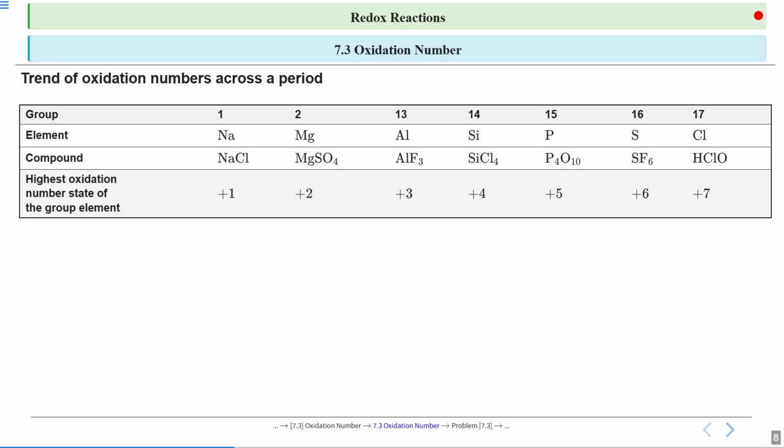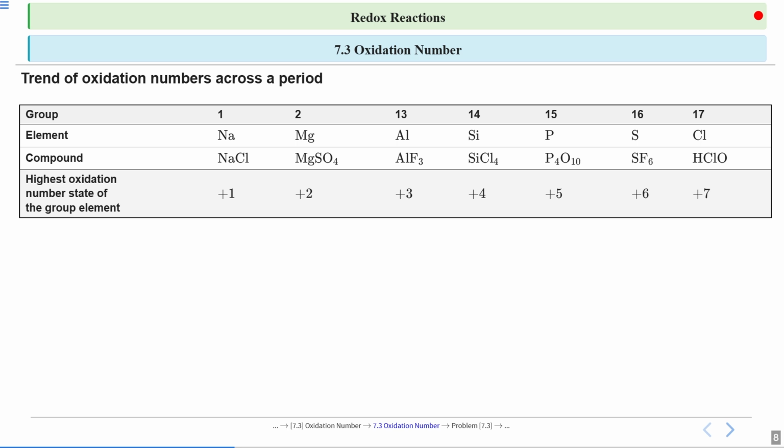On going from left to right, the oxidation number is increasing. In the third period also, the highest value of oxidation number changes from +1 to +7 as indicated here in the table.